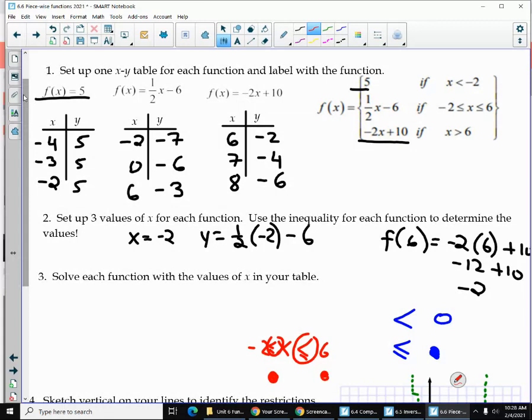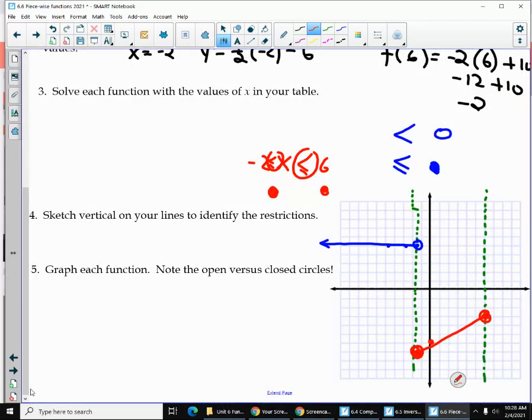The 3 ordered pairs I had: 6, negative 2, 7, negative 4, and 8, negative 6. So let's plot the 3 ordered pairs. And this time, let's use black. 6, negative 2, 1, 2, 3, 4, 5, 6, negative 2 would be here.